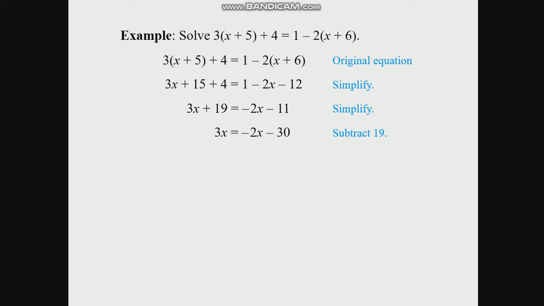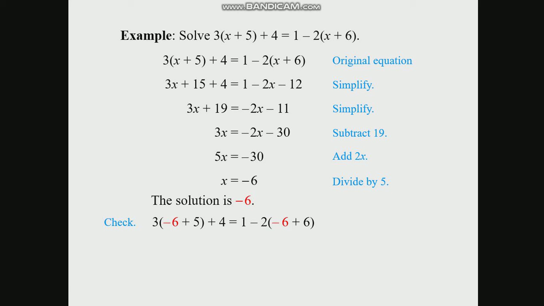Now I'm going to get all my variable terms on the left, so I'm going to add 2x to both sides. I get 5x equal to negative 30. And now I'm going to divide by that coefficient on the x, that's 5. Right, so divide by 5, and I get x is equal to negative 6, and that is my solution.